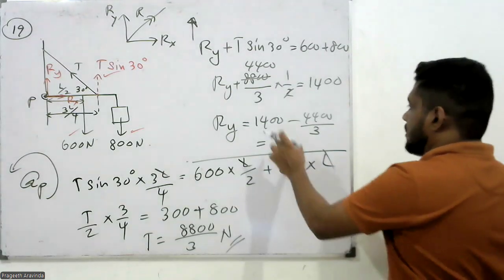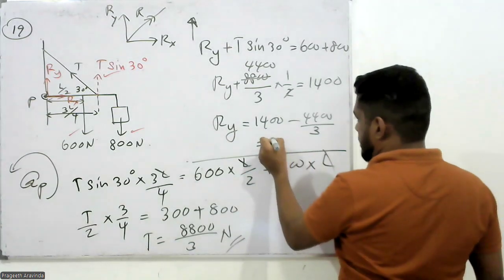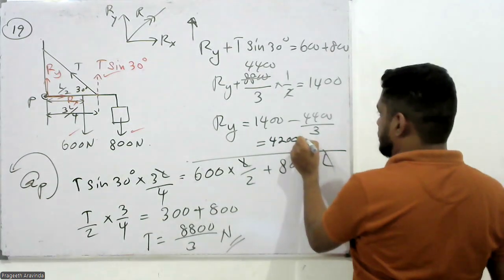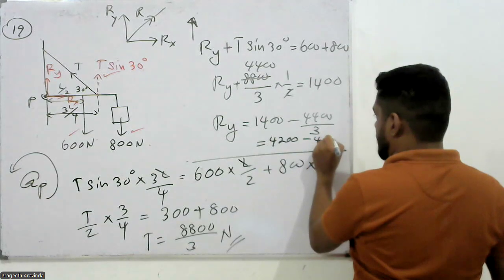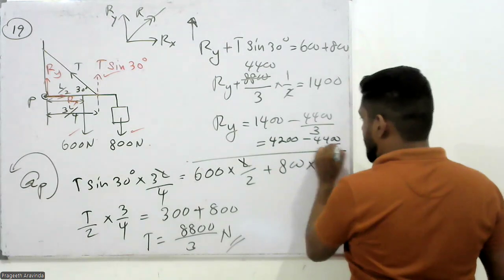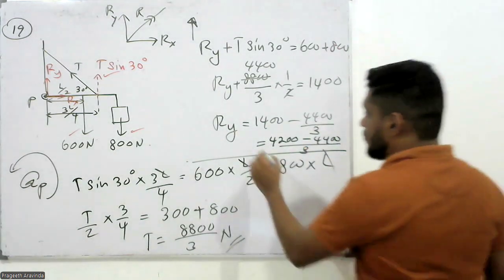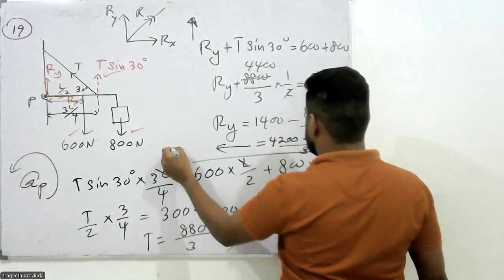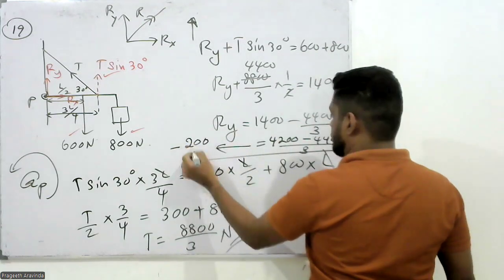Okay, then. 200 over 3. The answer comes out as minus 200 over 3.